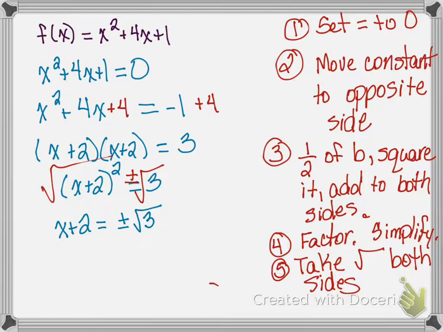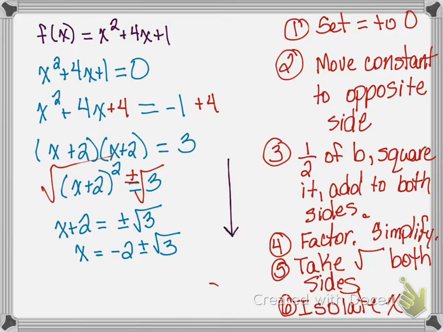Last step. What am I isolating? Isolate the x. So I have x equals negative 2 plus or minus the square root of 3. Now remember, what we've found is about where it crosses the x-axis.